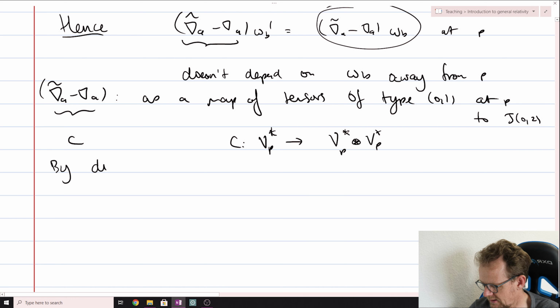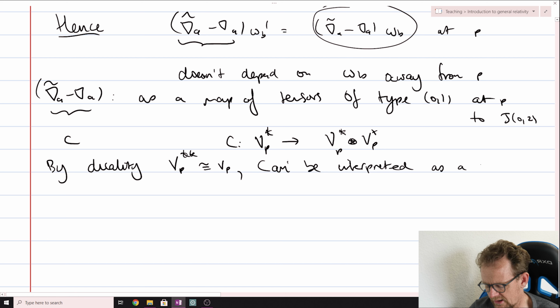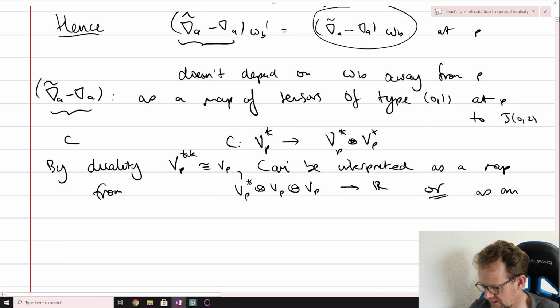Now remember, you can do this duality trick where, by duality, remember VP star star is equivalent to VP, we can interpret C in a different way as a map from VP star tensor VP to the reals, or as an element of the tensor product vector space VP tensor VP star.